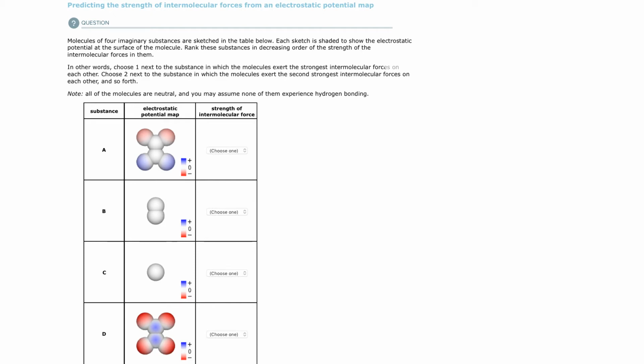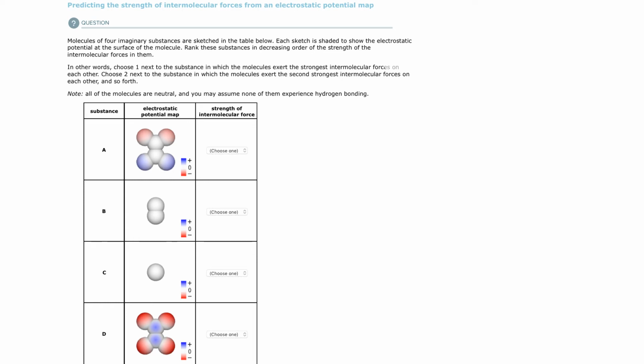Then B is bigger, with more electrons, so it'll have a higher dispersion force. A and D are going to be equal, because they've got the same number and kind of atoms. I don't know what the values are, but they're basically equal in dispersion forces. So you already know that C is the lowest, B is the next highest, and A and D are somehow bigger.